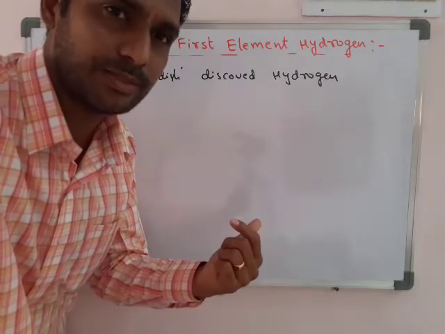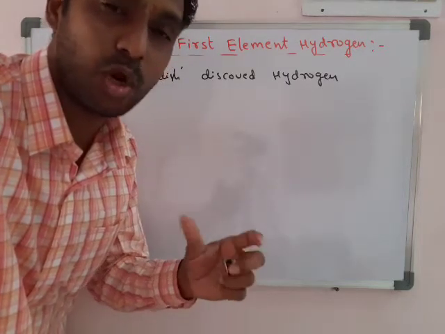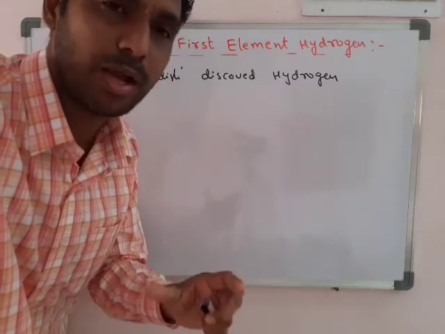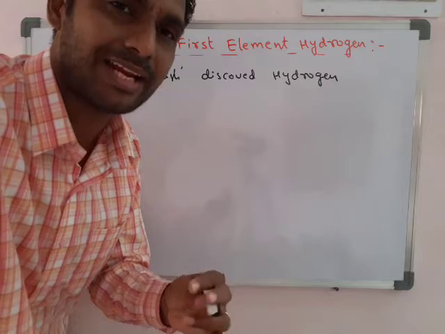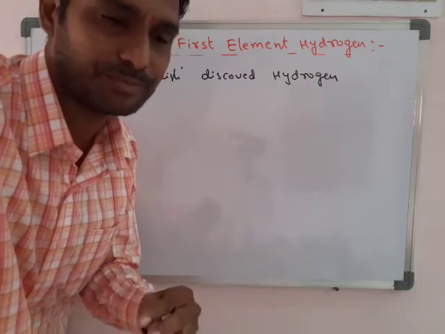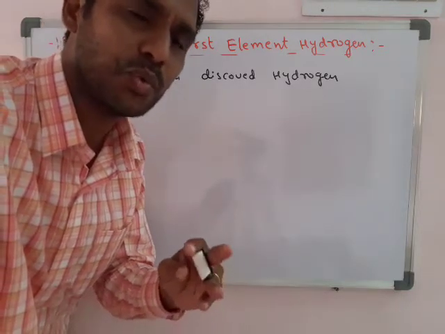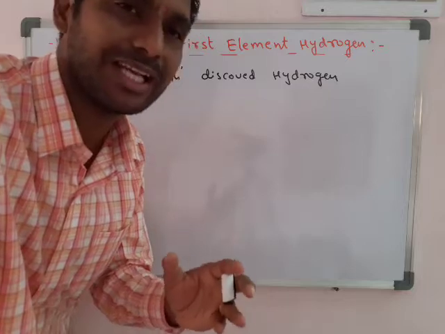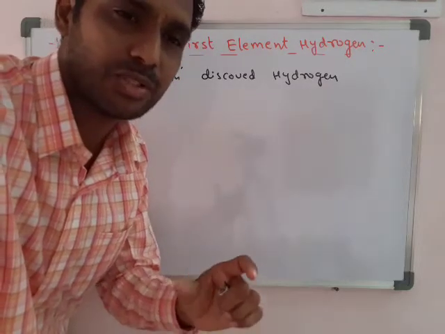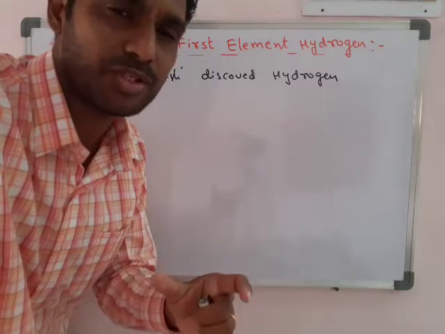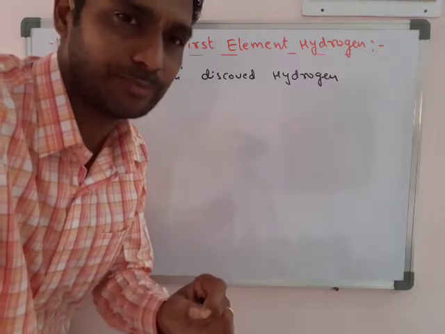Before that, Robert Boyle also prepared the hydrogen, but there is no perfect characters given by him. There was no perfect explanation for its elementary characters.